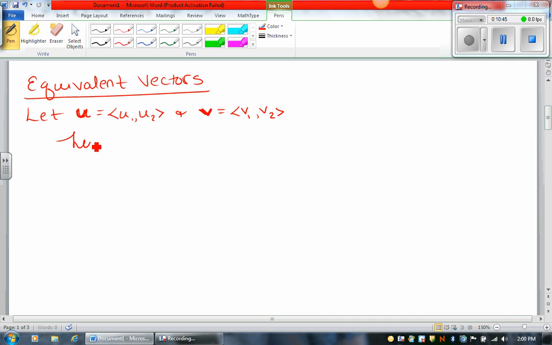So then what we have to show is that u1, u2 is equal to vector v1, v2 if and only if, that's that double F, that means if and only if, u sub 1 has to be the same as v sub 1, and u sub 2 has to be the same as v sub 2.